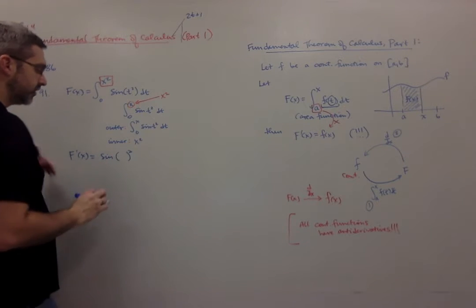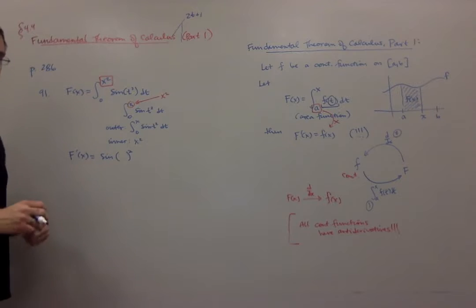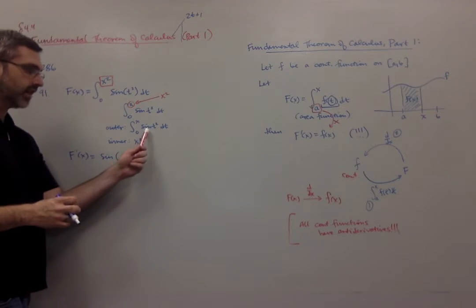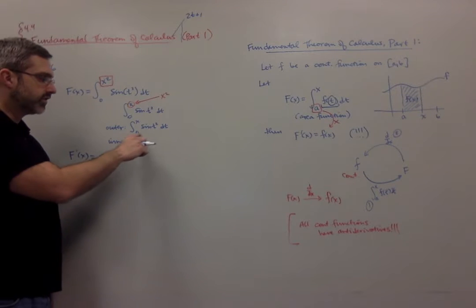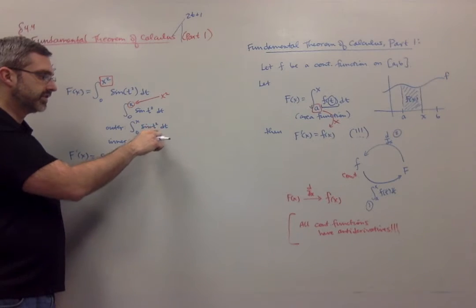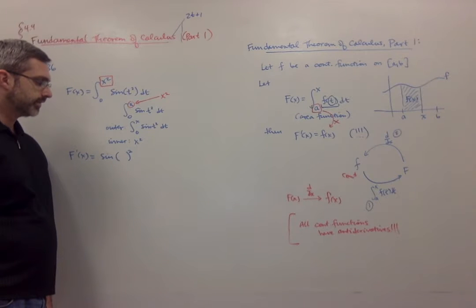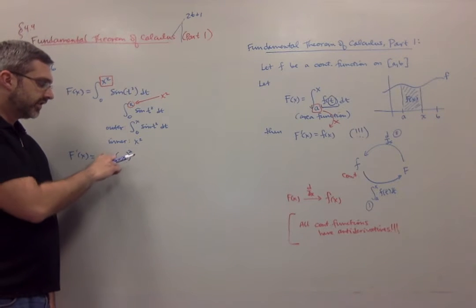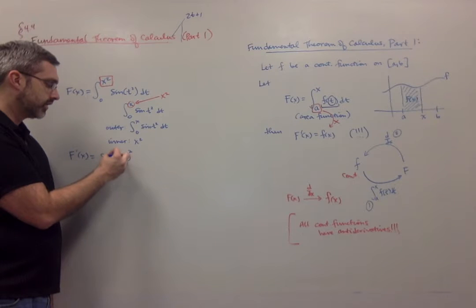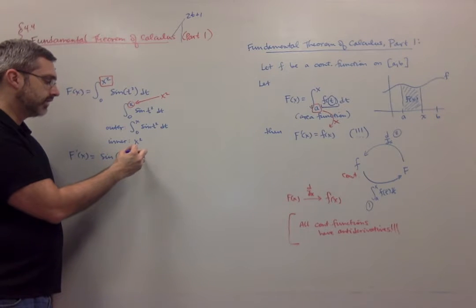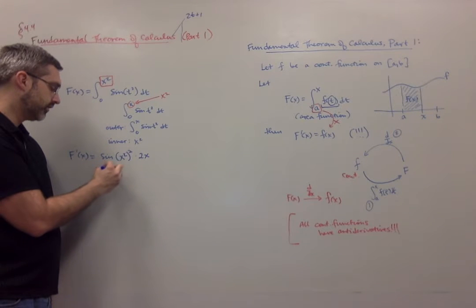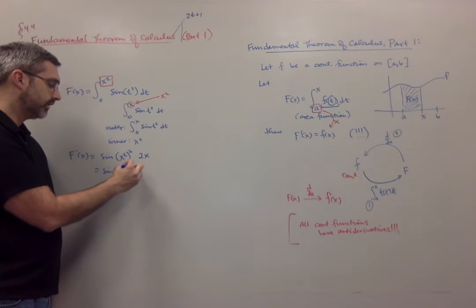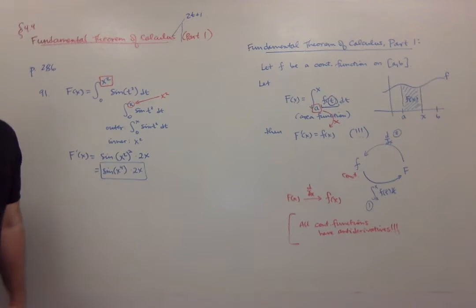Now I'm doing the chain rule, so instead of writing x, I'm writing parentheses. Its derivative is very simple. I just take an x and stick it where the t was. So that's the derivative of the outer. Now I just stick in the inner and multiply by the derivative of the inner. In other words, it's sine of x to the fourth times 2x. That is my derivative function. Okay?